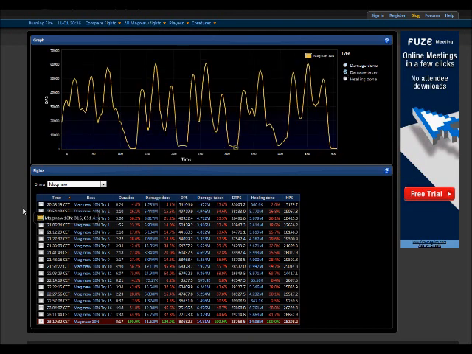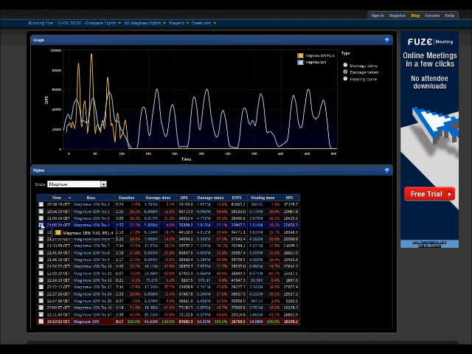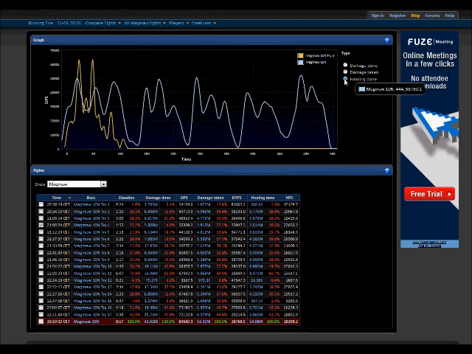Damage taken might provide us with something a bit more interesting. And here you can see that the difference between one of our early attempts and our successful attempt was that there was quite a lot less damage taken in our successful attempt, the blue one, than in our early attempts. Healing done might be interesting to look at, particularly if it suddenly drops off. That might be a point where your healers are running out of mana.